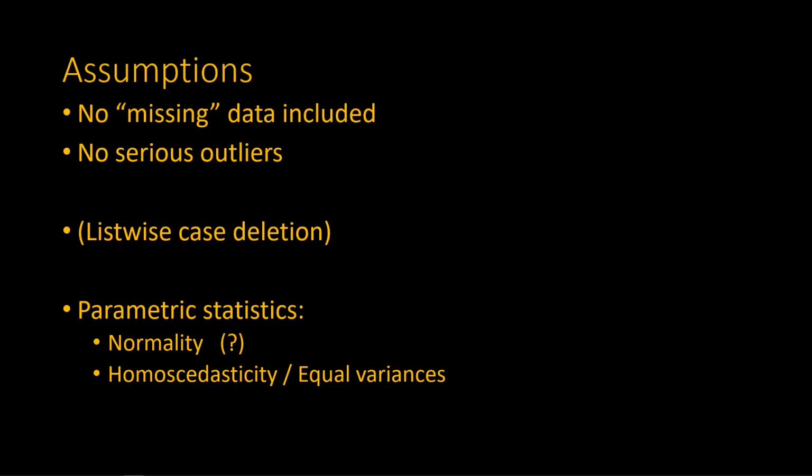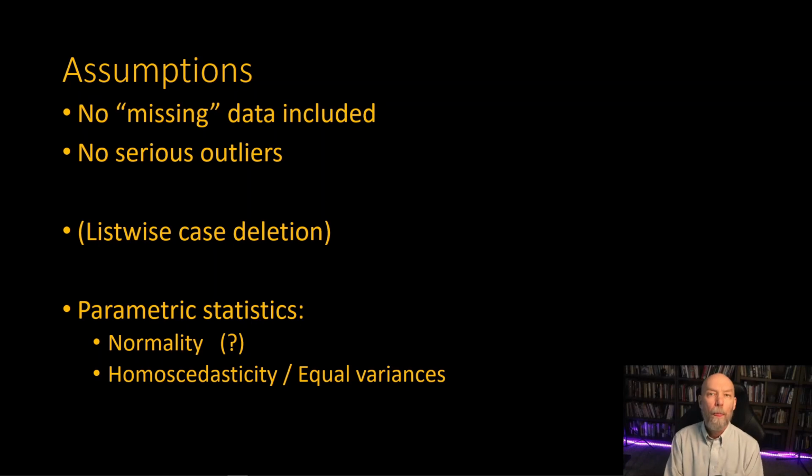All right, so we have all these normal assumptions: no missing data, no serious outliers. There is listwise case deletion coming. I put it in parentheses because you don't have to worry about this. It just happens in the process of the analysis. When the program takes the different variables you're working with and puts them all together into one analysis, it only includes the cases that have values on the full list of the variables.